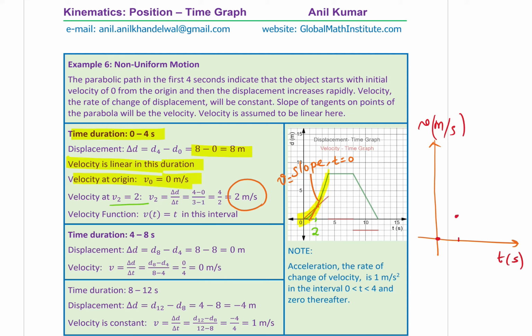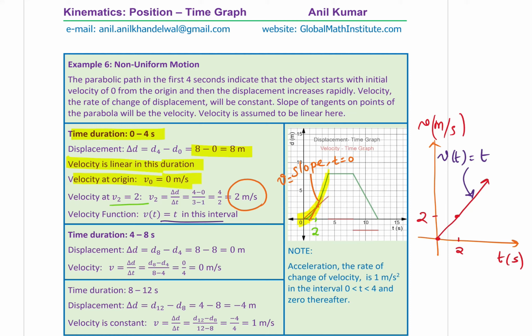Joining these 2 points, we get a velocity graph. You get the idea. The equation we could write is v of t equals t. That line equation can be given like this, correct? That is what we've written here as a general equation for the velocity in the given situation.